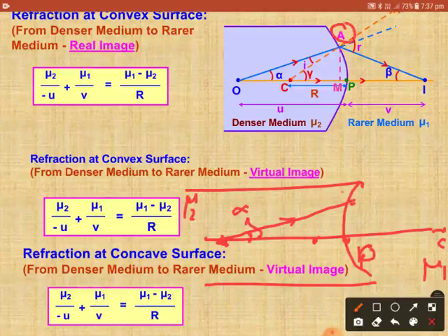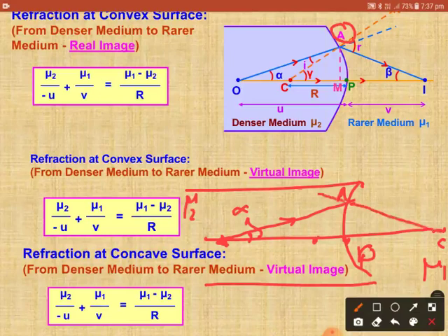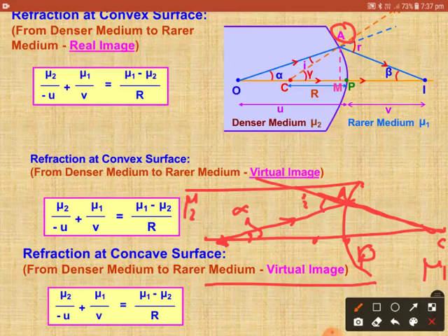So let me write it here, and the line passing through this point of incidence with the center of curvature, that will be the normal. So angle between the incident ray and the normal, we call it as angle of incidence, right? So as the light travels from denser medium to rarer medium, it will bend what? It will bend away from the normal.